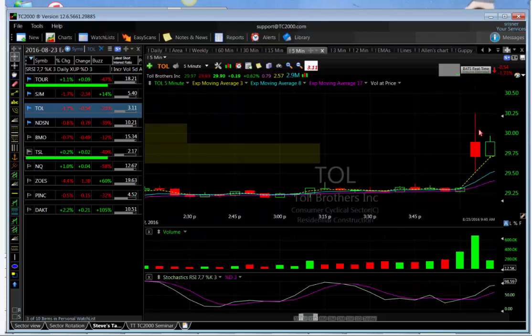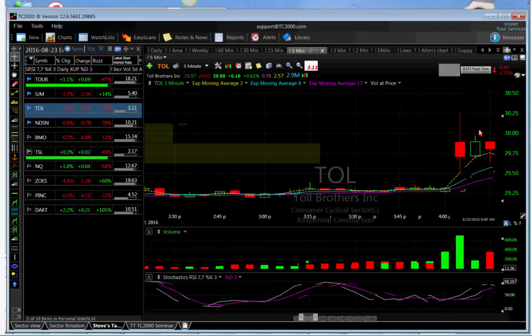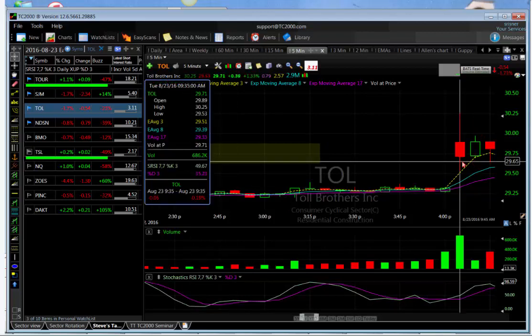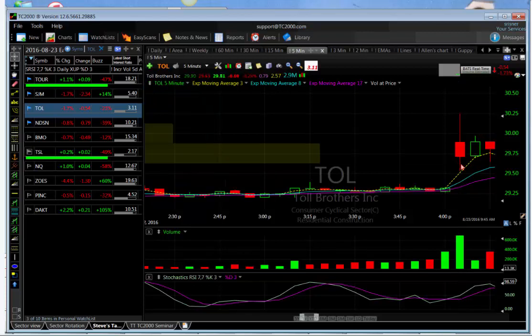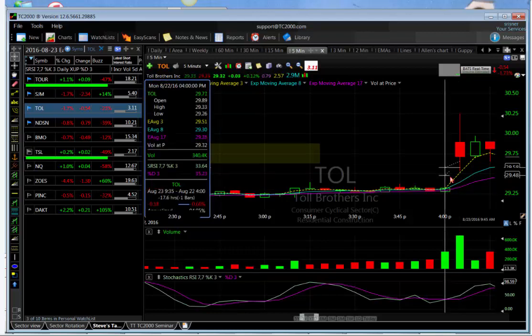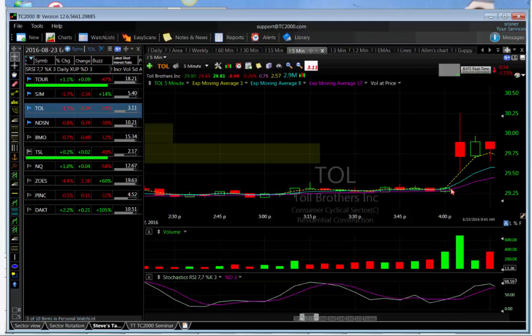It went up, but didn't take us in because it didn't go over my 30 and a nickel. And I guess I could think about shorting it below this level here. I didn't look at it because I really had no interest in trying to fade the gap for 40 cents, 35 cents. No, I wasn't thinking about that.